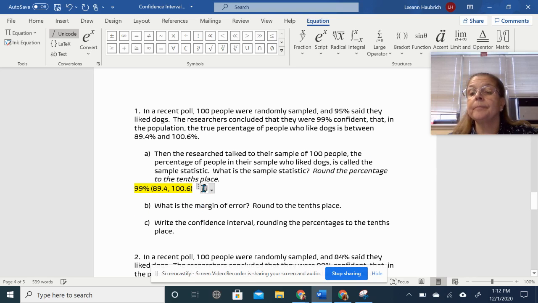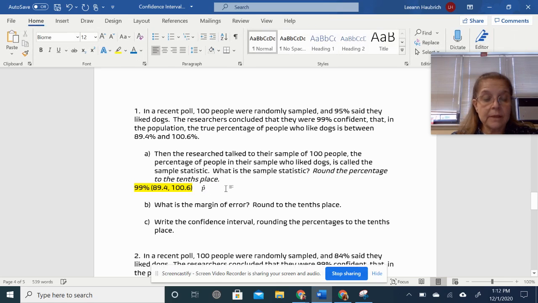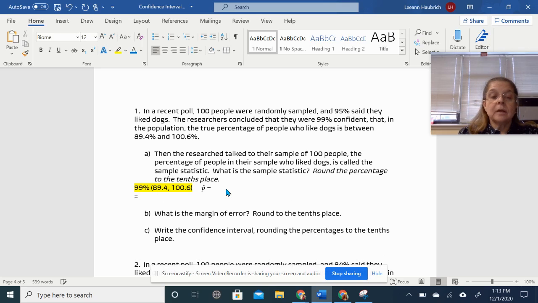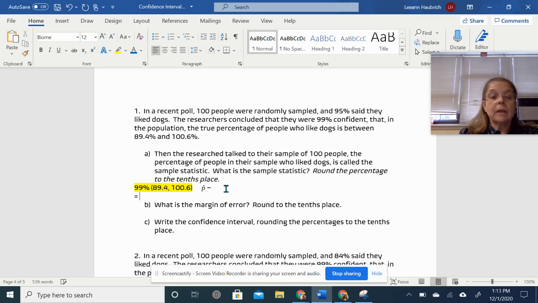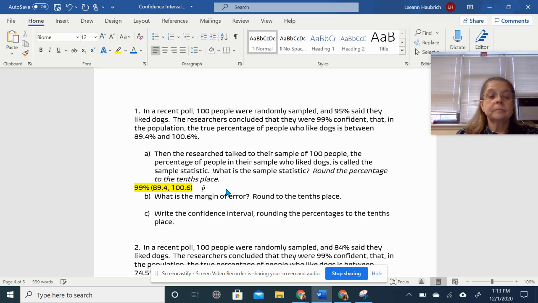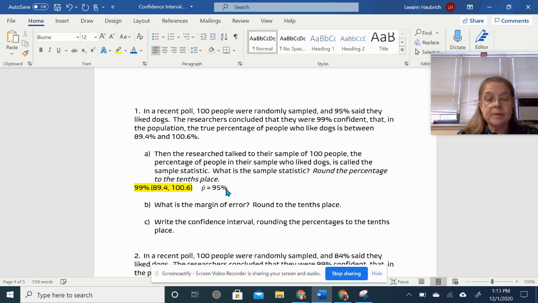Okay, so that just means your sample statistic. p-hat equals 95. And these were in percentage, so that was in percentage.